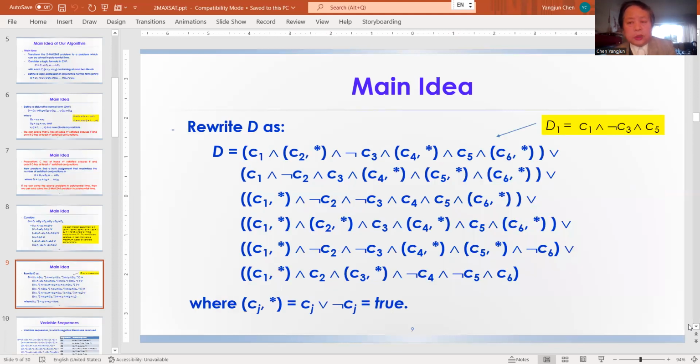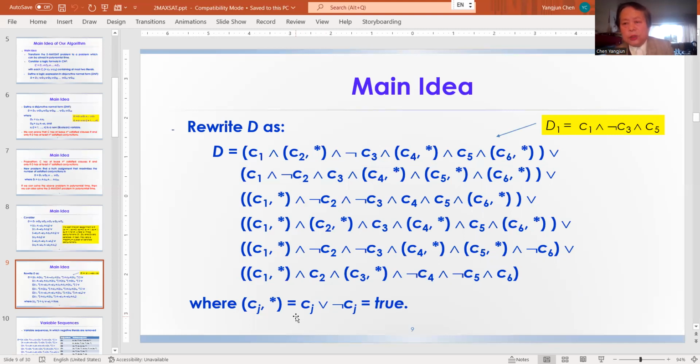To find such a maximum subset of satisfied conjunctions, we introduce a new notation, something like this. It is equal to Cj or minus Cj. Then this notation always evaluates to true.